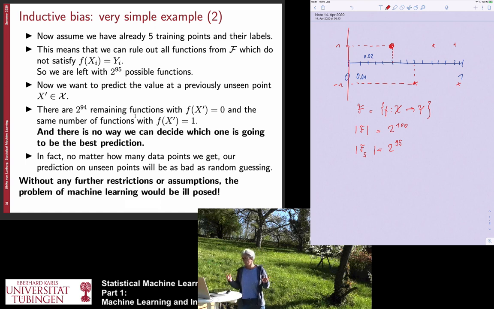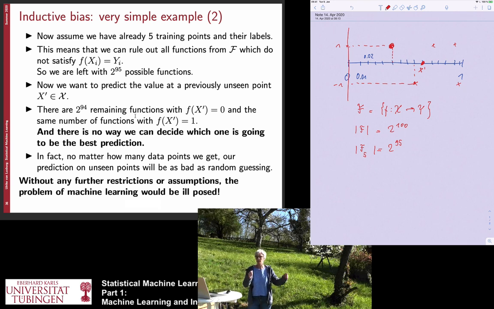Okay, so now we've seen these 5 training points, and now we want to predict at a particular test point. And this test point, maybe I put it here, this is the point where we want to predict. It is point x prime. What are now the possibilities that we can do with this point? We have now 2 to the 94 many functions that are going to predict that the label of this point is -1.